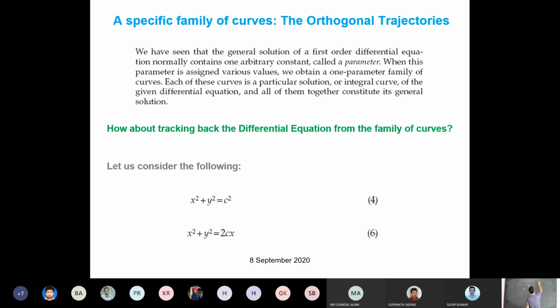Then what about this? How to find the differential equations? Putting the value of c in the main equation, the family of circles equation?